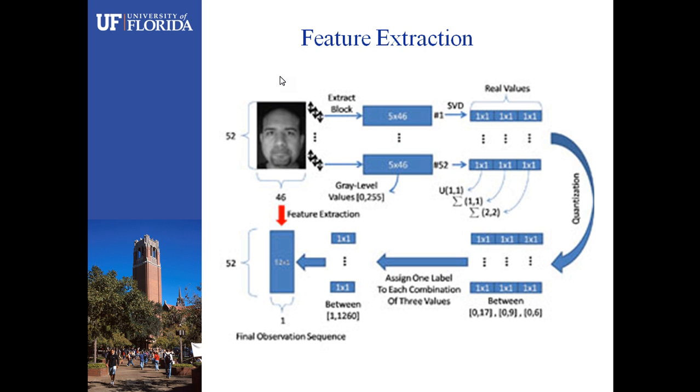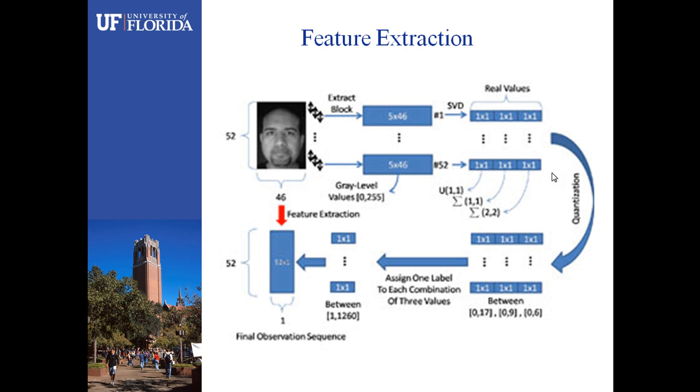Here is a simple structure of feature extraction. At first, we do the gray processing, turning the original image to gray level values. After SVD, the real values are obtained.